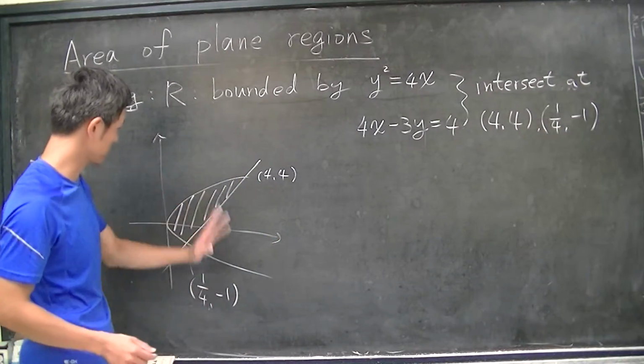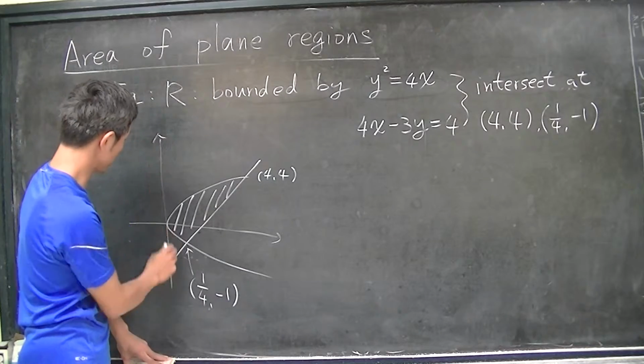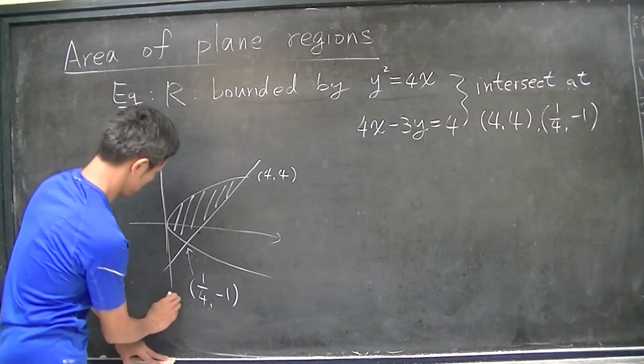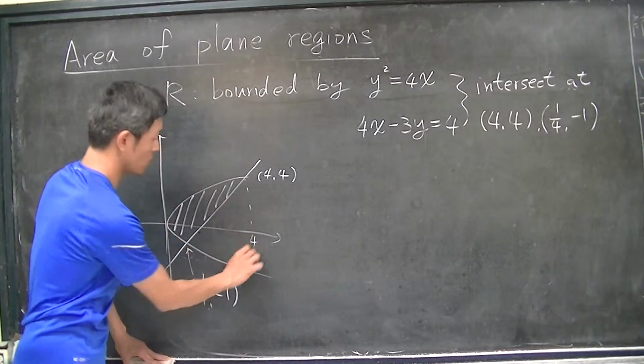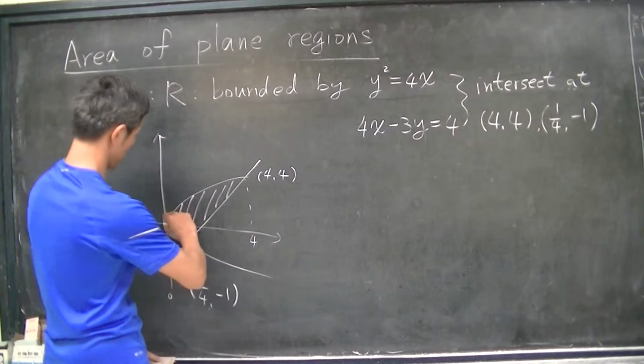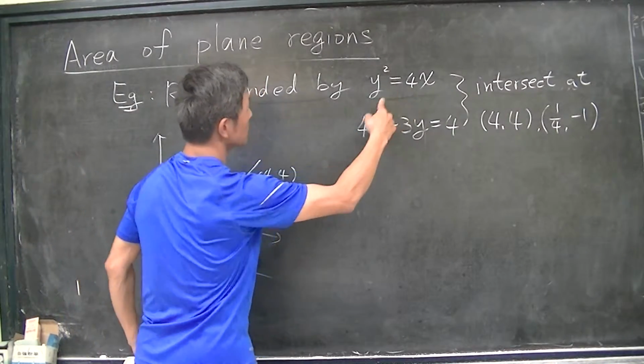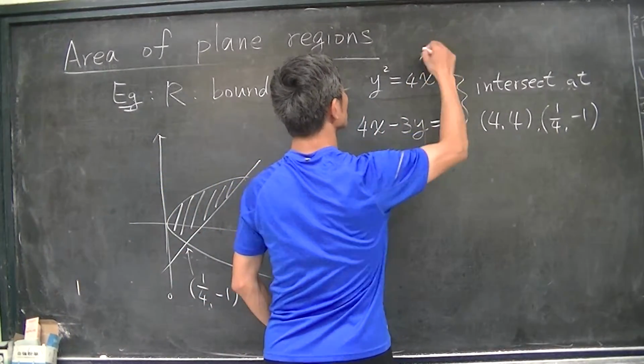Again, we can use the same idea. In this region, the range of x is from 0 to 4. The top function is this part. If you solve it, this one will give you 2 parts.